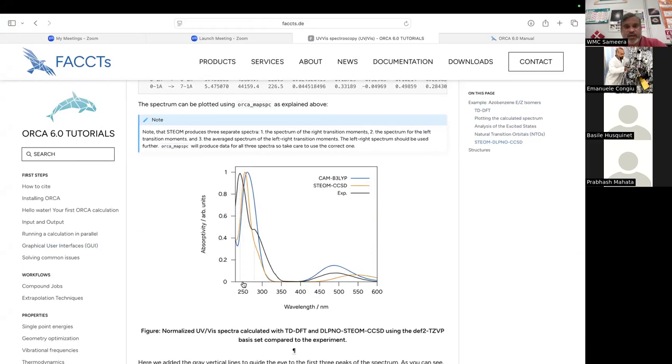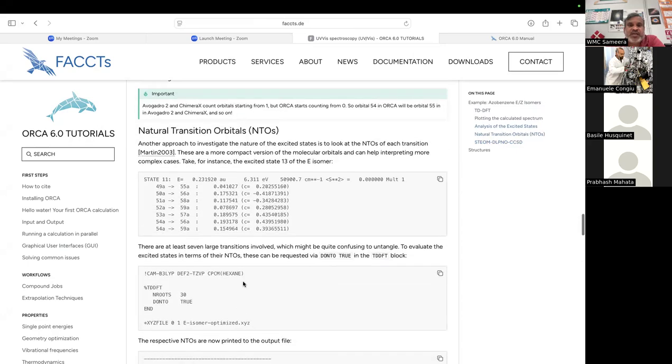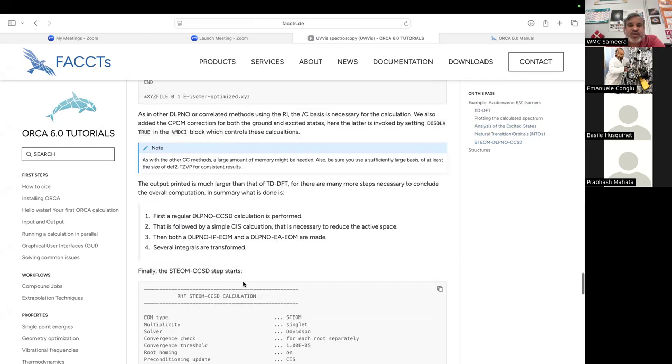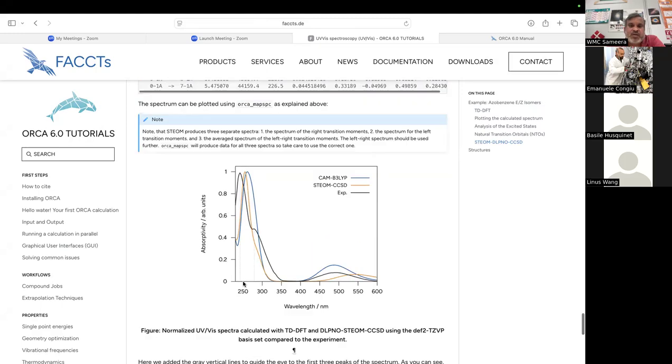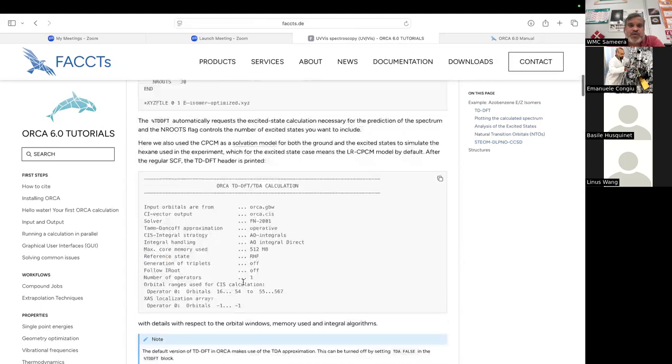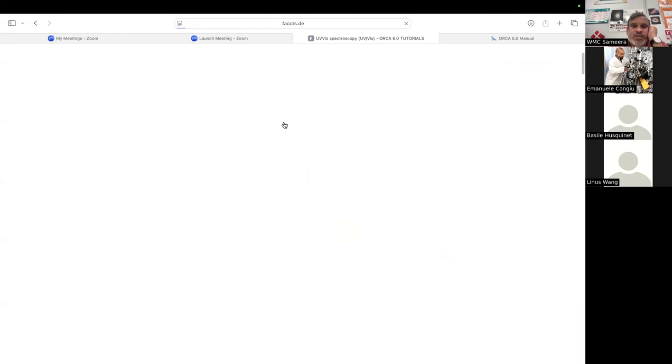Yeah, here you can see, after getting the excitations, you can get an idea about the important excitations. I'm not sure we have any experimental data anyway. So let's look at this paper.